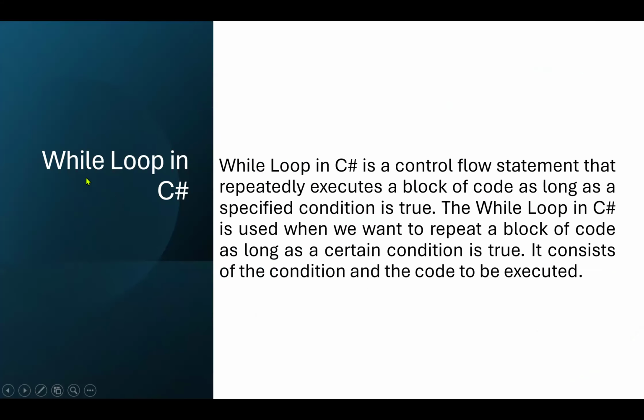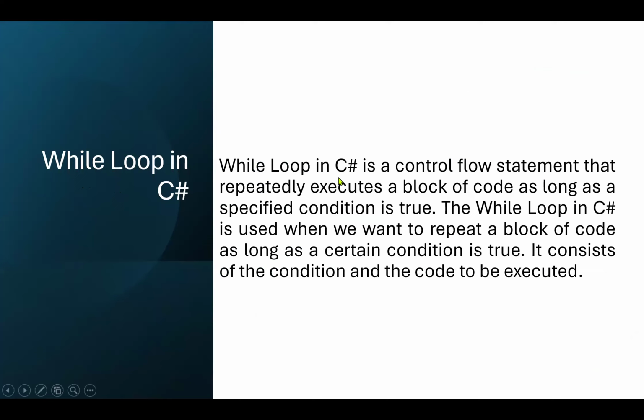Another type of loop in C# is the while loop. It is good to note that in this while loop, the condition is always tested before the loop can run. It means that before the loop can run, the condition has to be true.